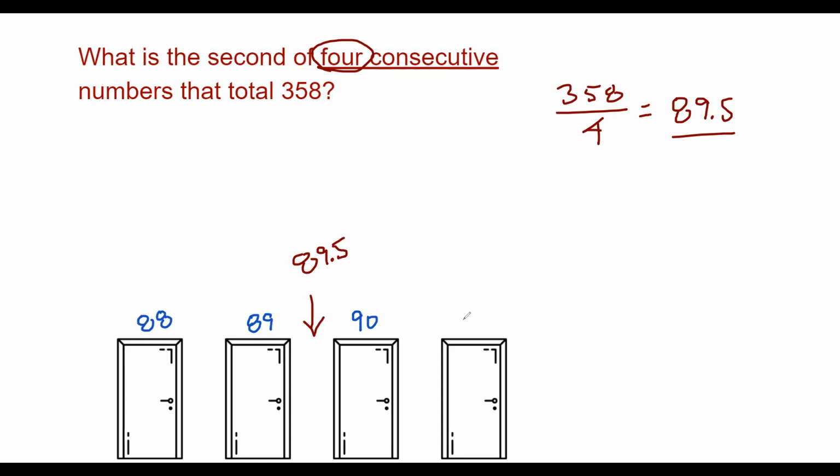And the number after 90 is 91. So 4 consecutive numbers. This makes sense: 88, 89, 90, 91. What is the second number? So you want to be really careful with this step. Don't do all of the work and then grab the wrong number. So we take the second number, and our answer to this question would be 89.